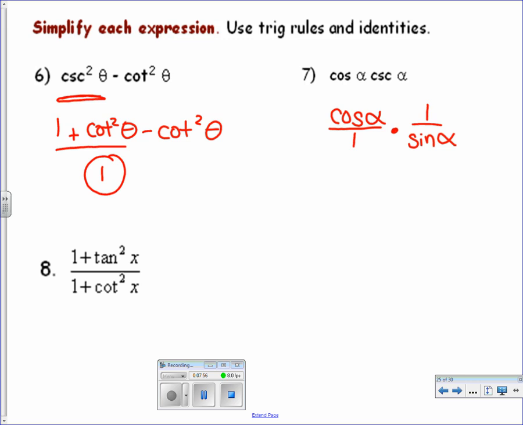The ones, yeah. So then let's multiply across. So we're going to get cosine over sine. Do I know that? Yeah, we do. It's cotangent. So then that's my answer. So that's cotangent.